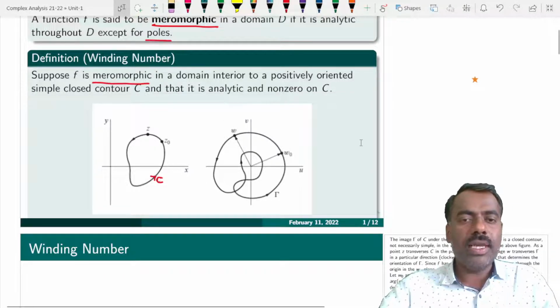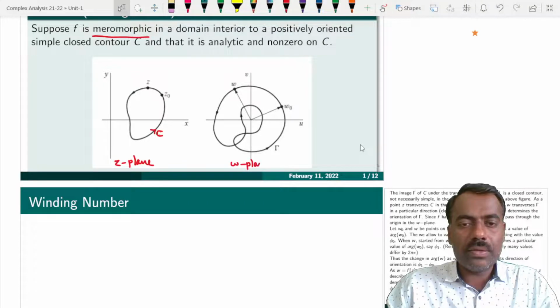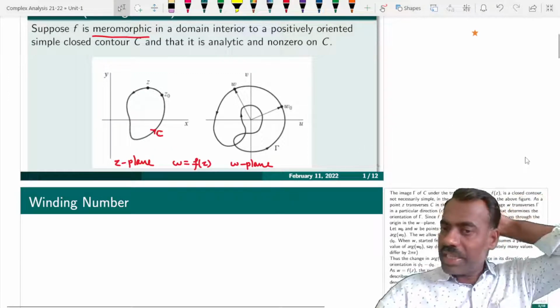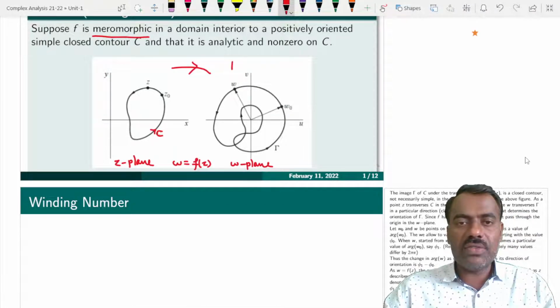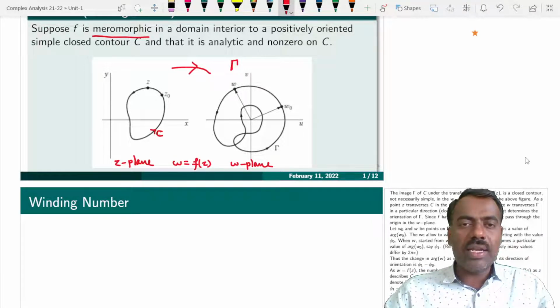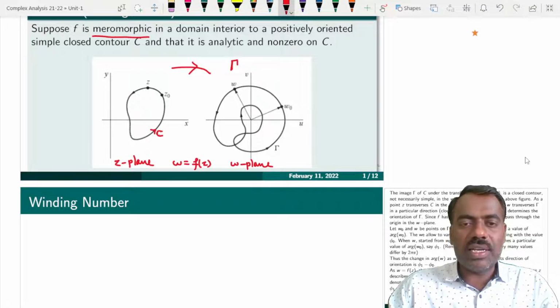Here it is the Z plane, and here it is the W plane. Our W is equal to f of Z. Then we consider the image of this C under this function f, that is W equals f of Z, and call it gamma.